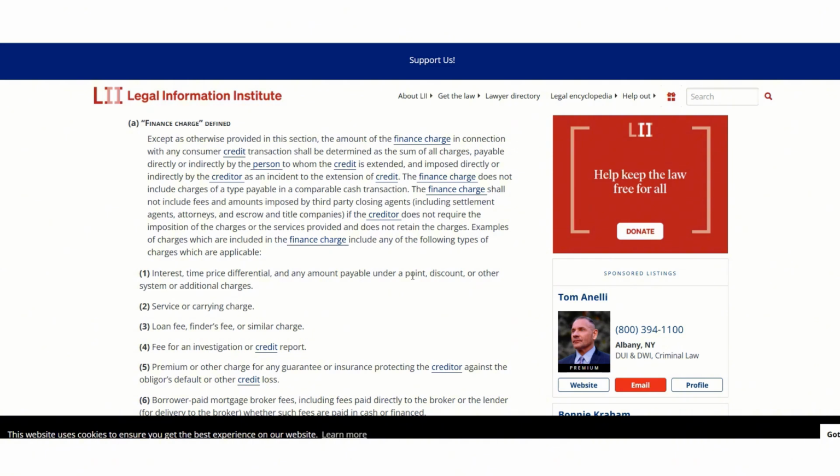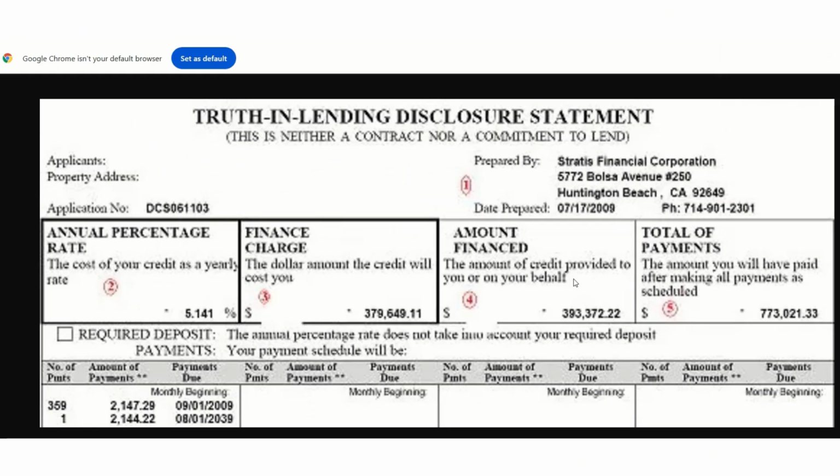It just says any amount payable, whether it's payable to the creditor or payable to the debtor. Any amount payable under a point. So wouldn't that be the amount financed? The amount financed, that will be what's payable.